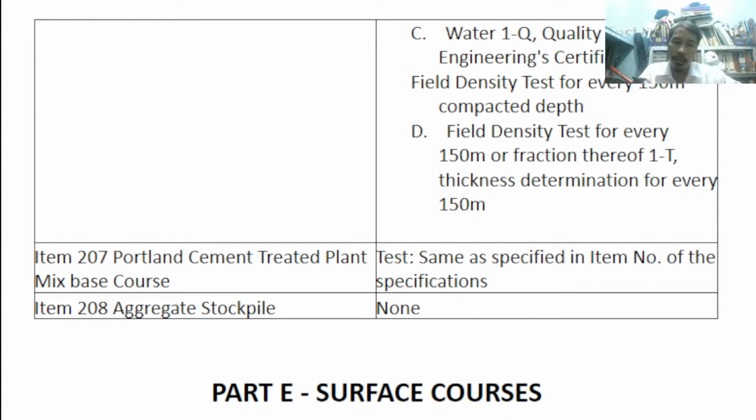Thickness determination is 1-T for every 150 meters. Okay, so there is a typo error here. So there are 5 typo errors.